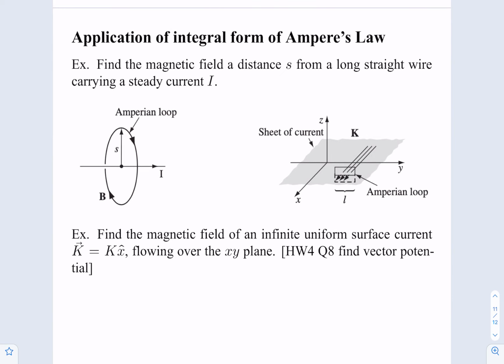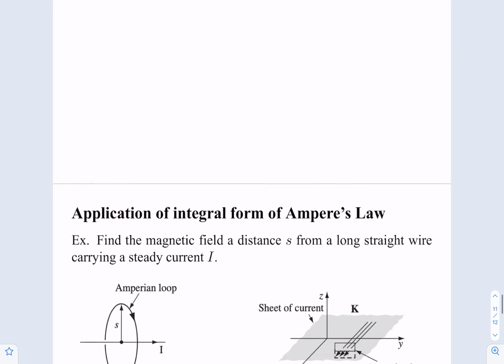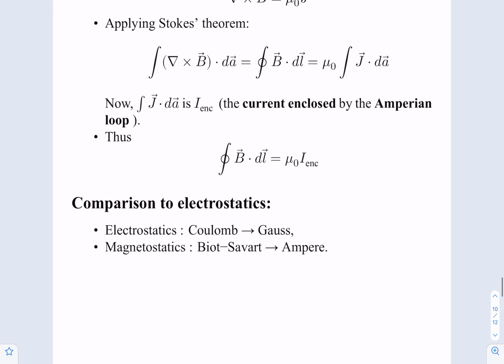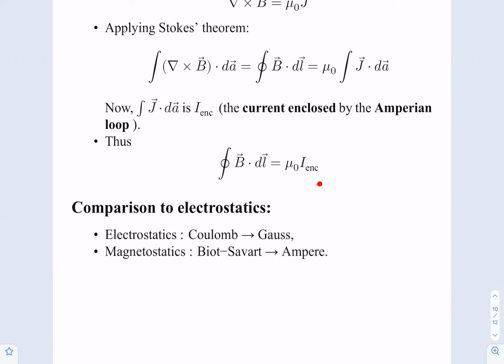So let's try to look at some of the applications of Ampere's law. Ampere's law in the integral form is similar to applying Gauss's law, in the sense that only for certain problems with very high symmetry is it beneficial to apply Ampere's law.